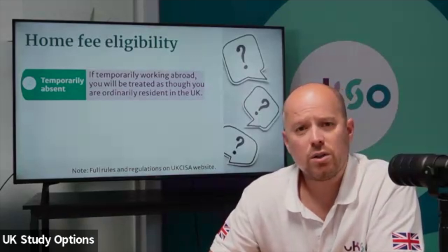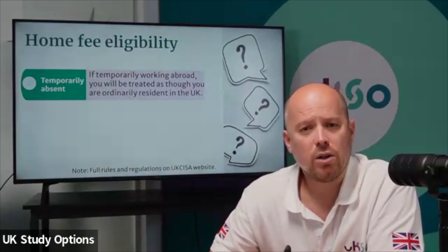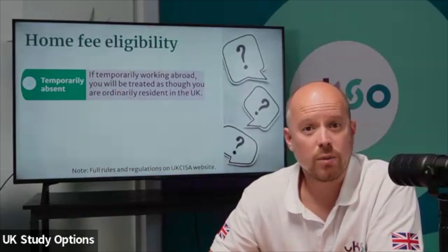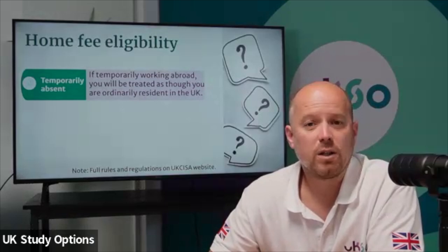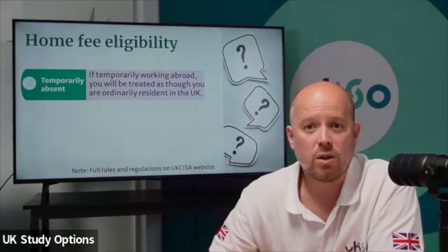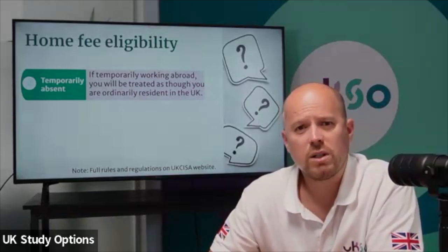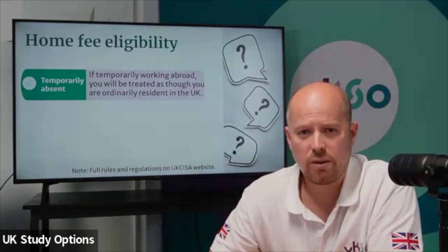So if you can show that if it wasn't for this specific time-limited employment in this particular place where you are living, you would be living at your ordinary home in the UK, then universities should consider giving you home fees on that basis.